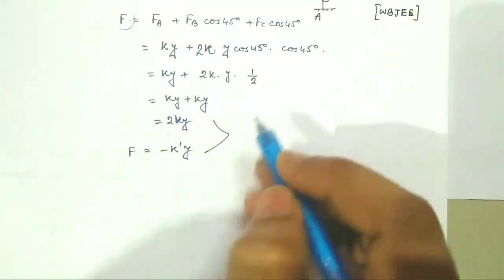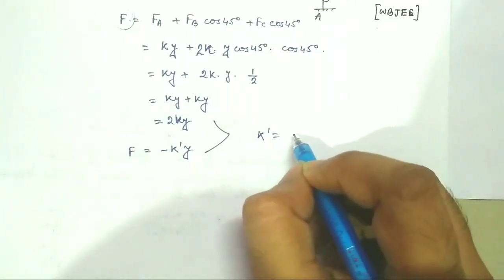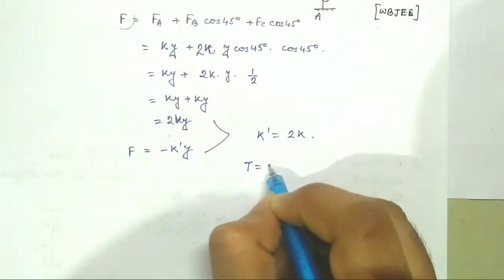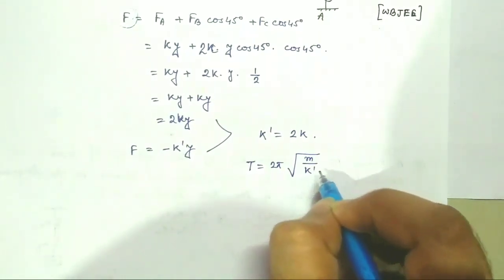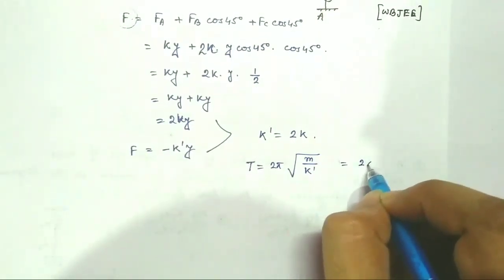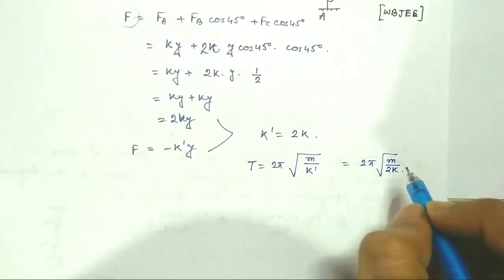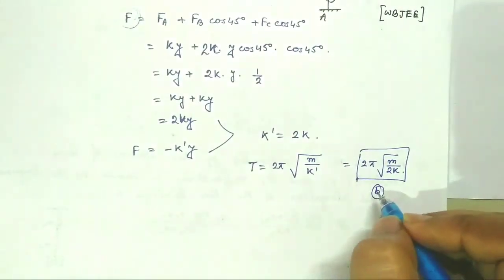So comparing these two equations, we can write k prime, or equivalent force constant, will be 2k. So the time period of oscillation will be 2 pi root over m by k prime, or 2 pi root over m by twice k. That is option B is correct.